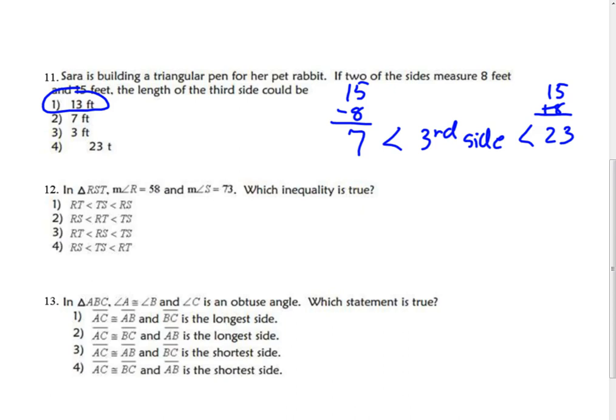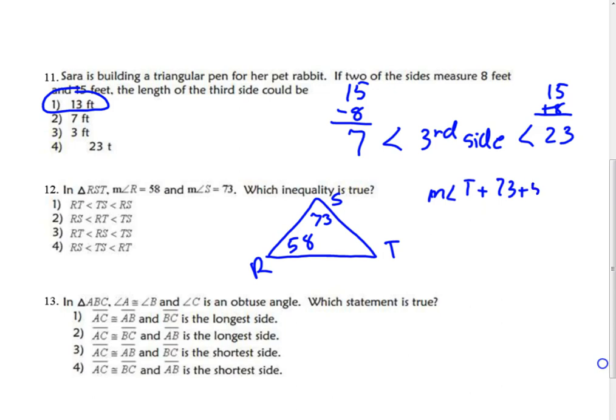All right, in triangle RST, R is 58. S is 73. So if R is 58 and S is 73, what would the measure of angle T be? So the measure of angle T plus 73 plus 58 equals 180.